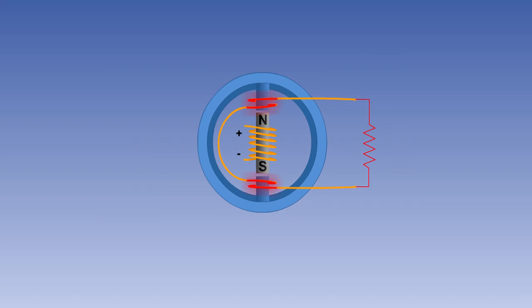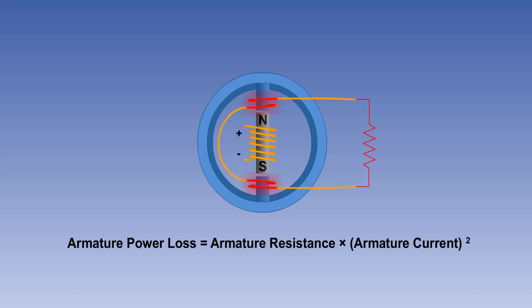The maximum output current from an AC generator depends on the amount of heat which can be absorbed by the armature. The armature windings, in common with all conductors, have some resistance. The power lost in the armature is this resistance multiplied by the armature current squared.